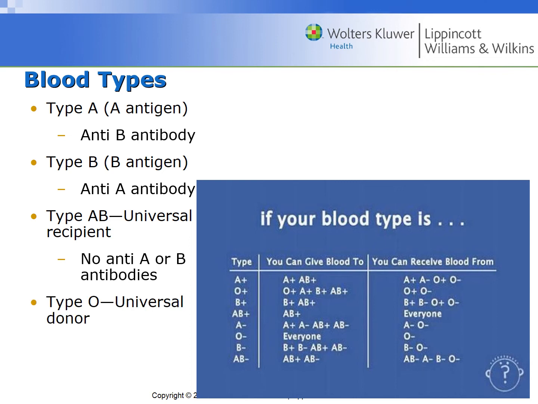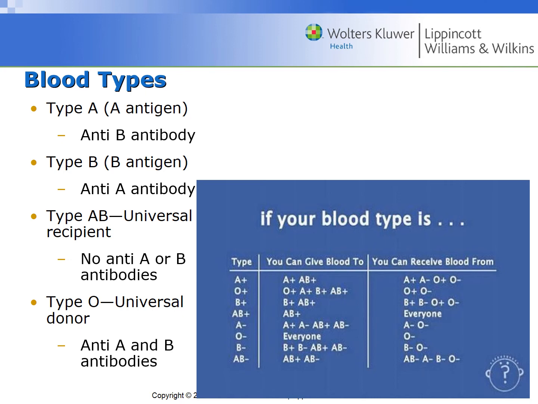Type O, we're the universal donor. I'm a type O positive myself. I have both anti-A and anti-B antibodies, so I can only receive blood from other type Os, but I can give blood to everybody.